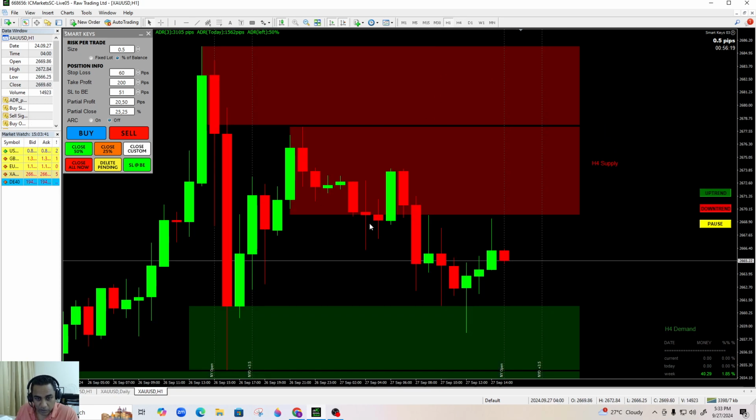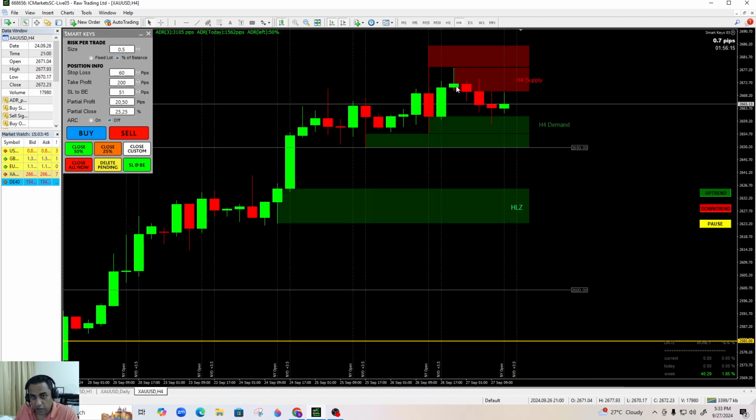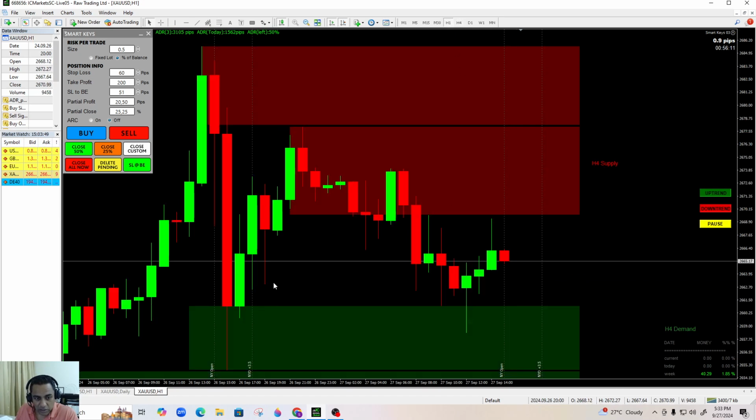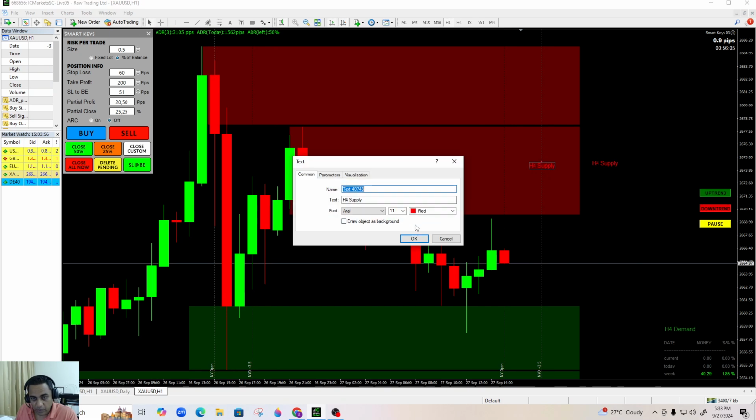Yeah. So this H4 base, on the H4 time frame, so rally, two basing candles and a drop, took out this H1 demand to the left. Okay, so this is a high liquidity zone.